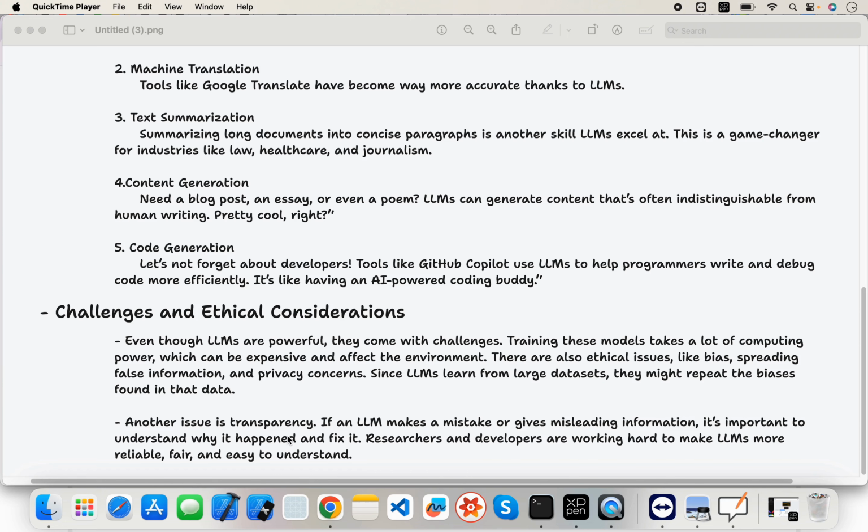There is also a transparency issue, like it can make mistakes and give misleading information. So whenever true and correct information is required, we cannot be dependent directly on the LLM. We also need to check whether it is correct or not, because it will never fact check, right?